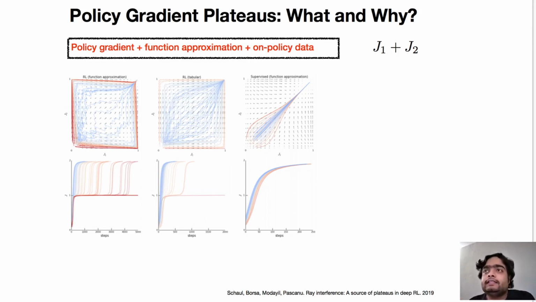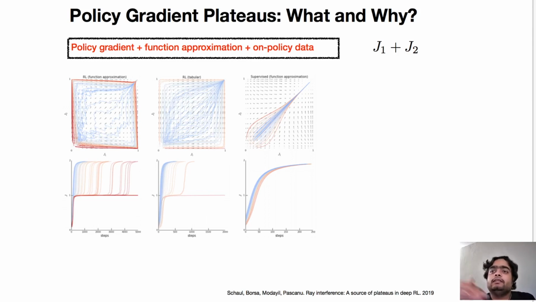In all these cases, in the top row they plotted how J1 and J2 change as a function of the learning trajectory. So they're plotting the learning curve as a wavy line through the space, and looking at what value of J1 and what value of J2 correspond to each other at that point of the learning curve.